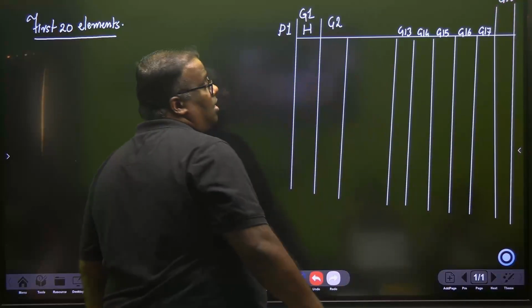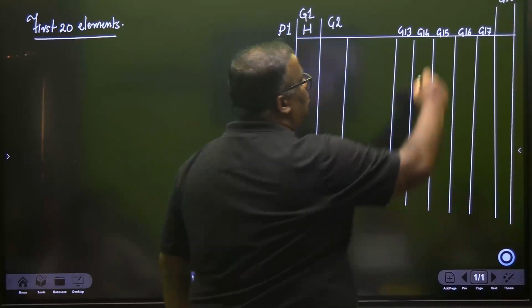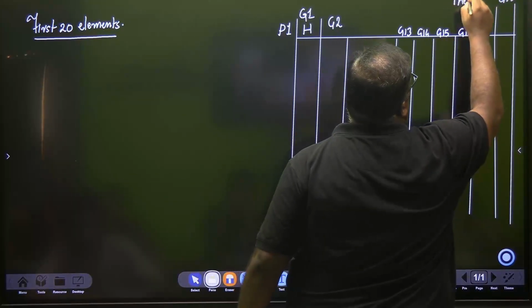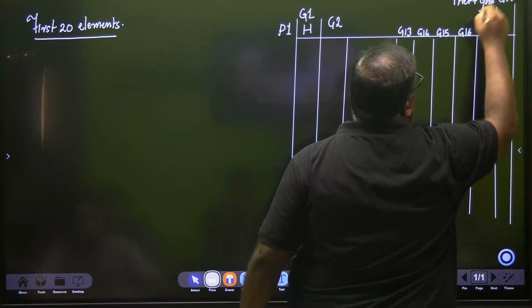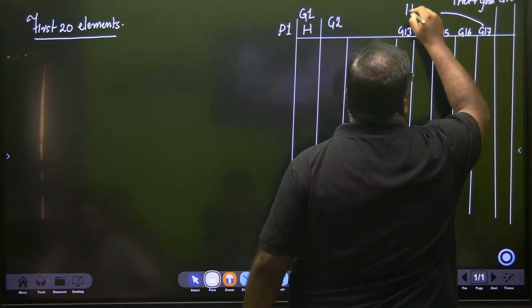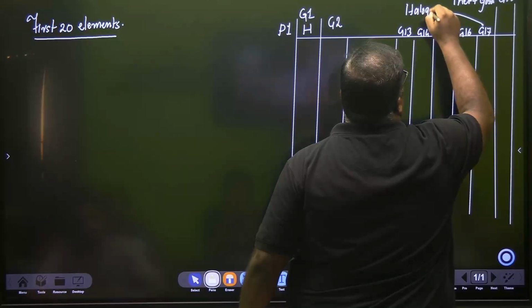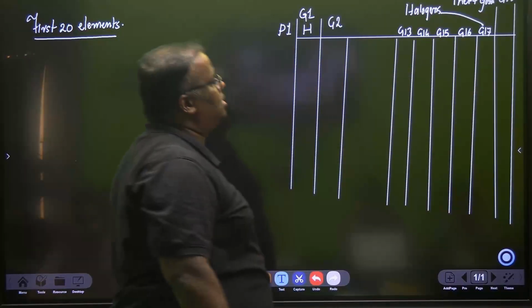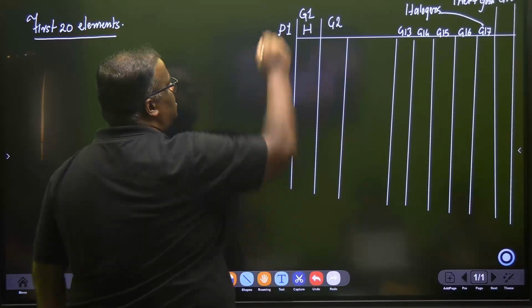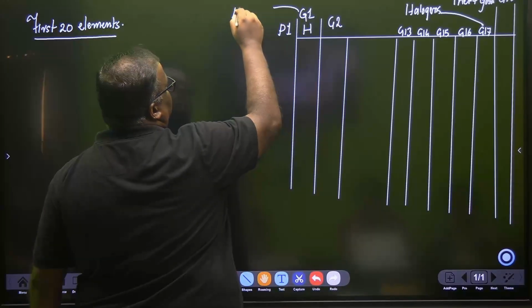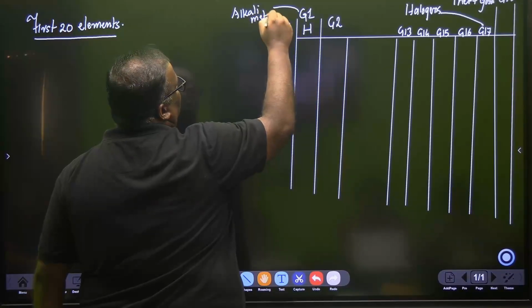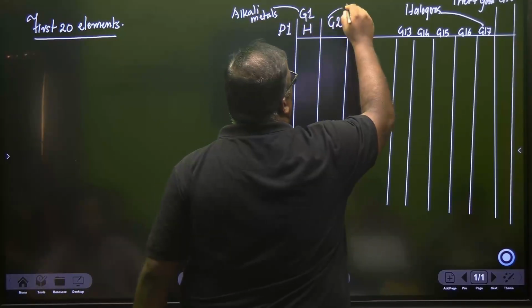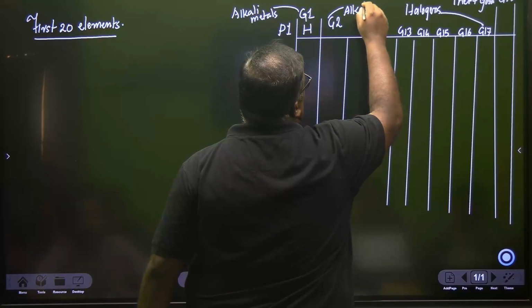G18 are the noble gases, which will be known as my inert gases. G17s are known as halogens. Let's get some names today. Group 1 is known as alkali metals, and group 2 is known as alkaline earth metals.